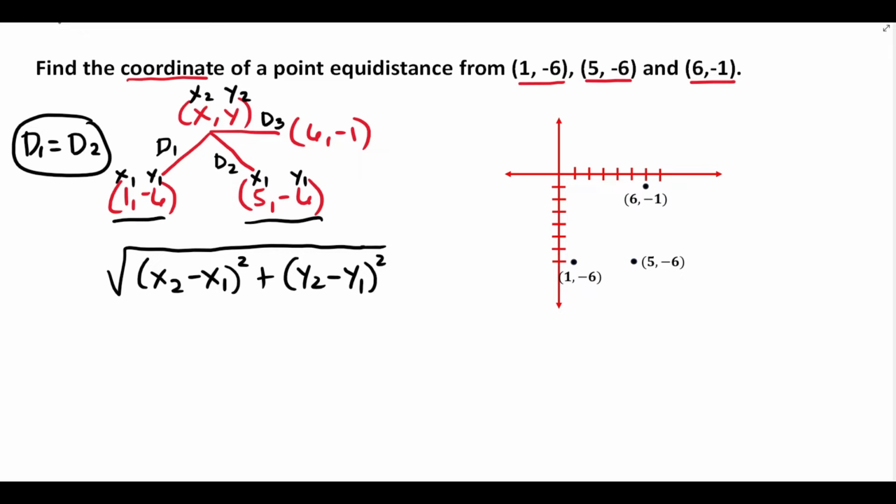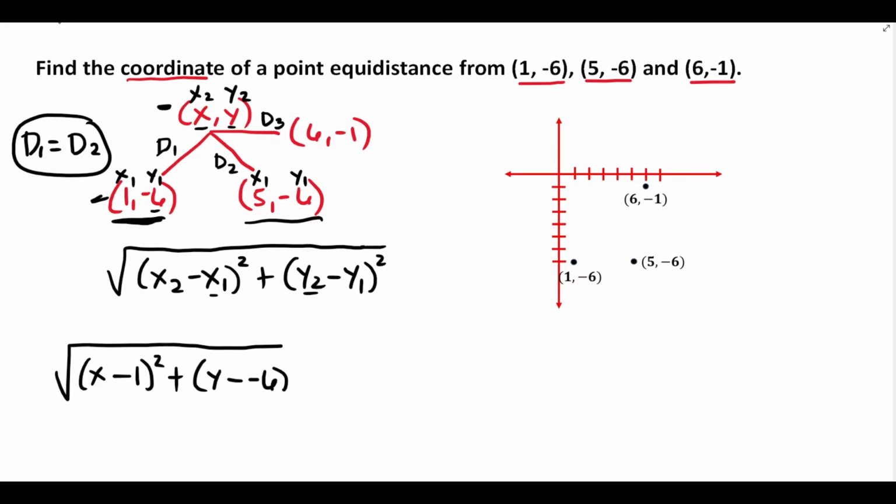To find out the distance using these 2 points, we have the square root of (x sub 2, which is x, minus x sub 1, from this point that's 1) to the power 2, plus (y sub 2, which is y, minus y sub 1, from this point that's -6) to the power 2, equals distance 2.